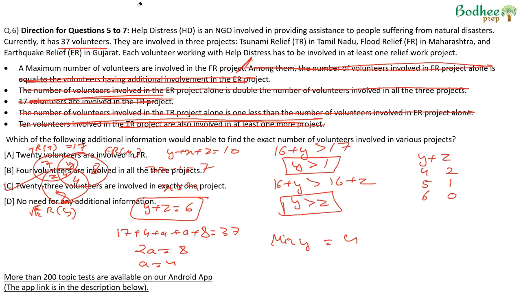Now question 6 says, which of the following additional information would enable us to find the exact number of volunteers involved in various projects? Y and Z is something that we do not know. A says 20 volunteers are involved in FR.